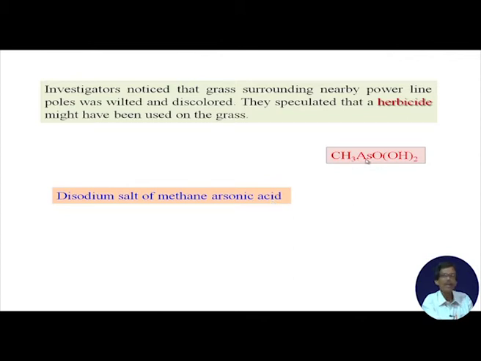It is not a typical arsenic acid, because it is not a typical inorganic compound. Some group is attached to it. It is methane arsenic acid, where a methyl group is attached to arsenic, and it is not the free acid but the disodium salt. It is As double bonded O and OH, and the OH is substituted by ONa, like the sodium salt.